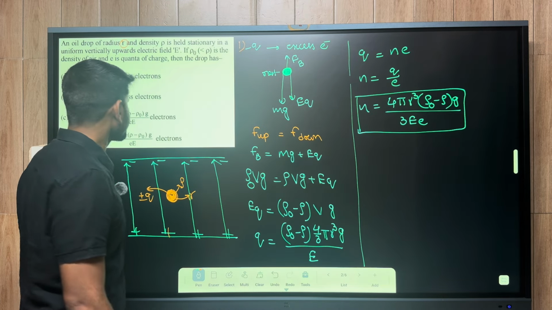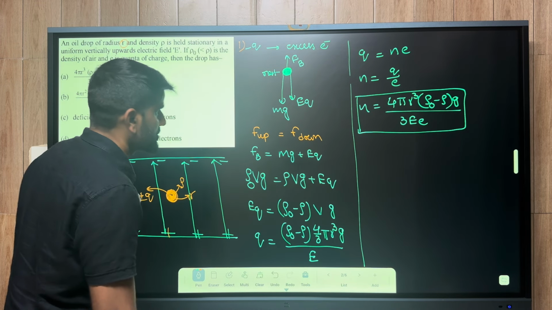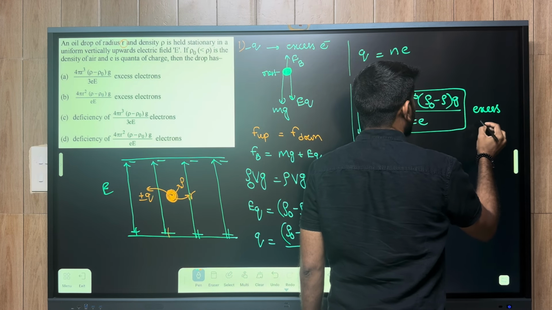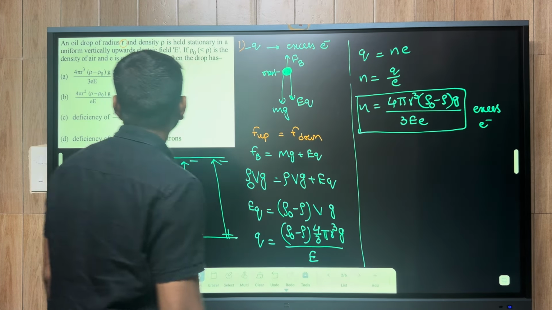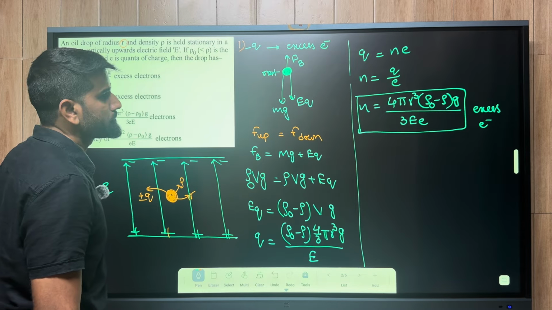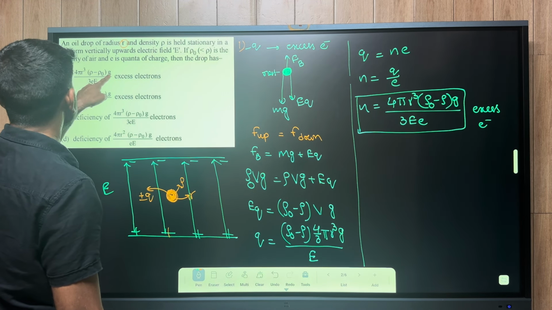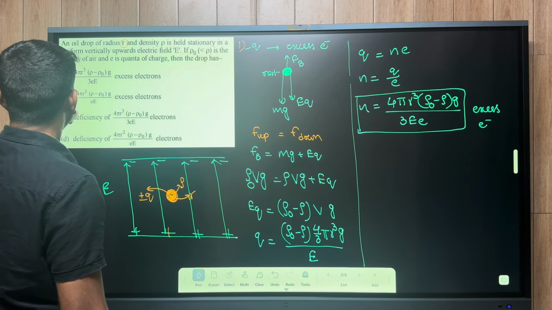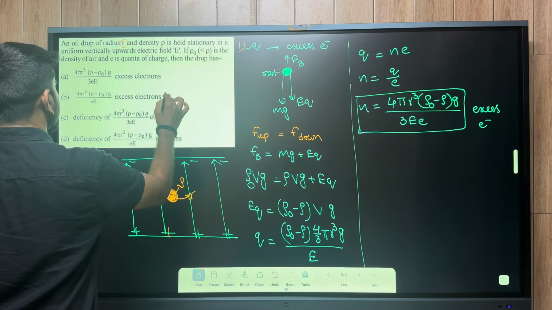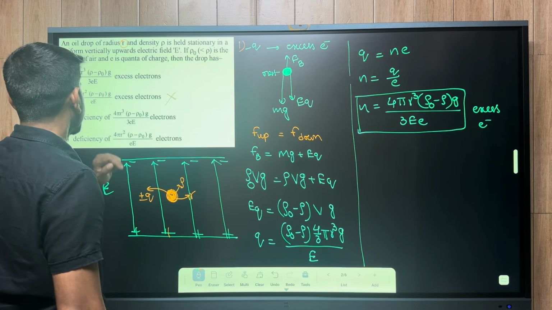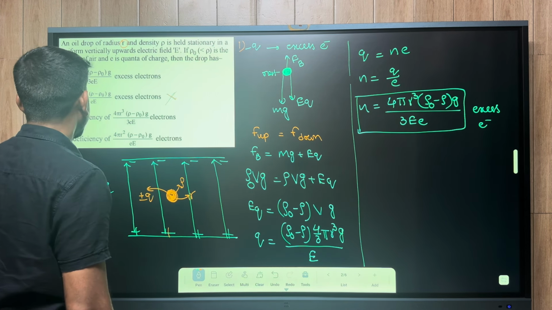Right. Now let's look at the equation. Excess electrons, how many excess electrons? Now let's look at the options. 4 by 3 pi r cube G by 3 E G. Okay, this is wrong, 3 is not there. This is wrong, deficiency is not the correct one.